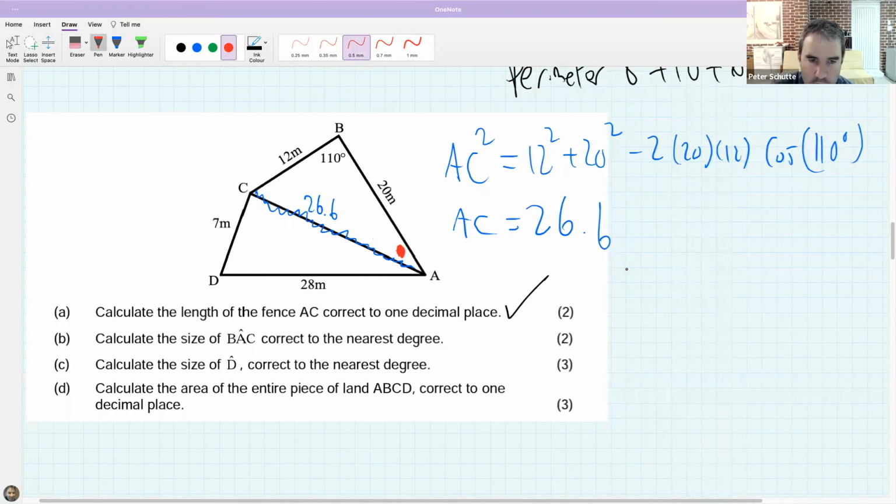So I will use the sine rule just because I've been using the cos rule so much lately. So sine of BAC over 12 is going to be equal to the sine of 110 over 26.6, opposite.